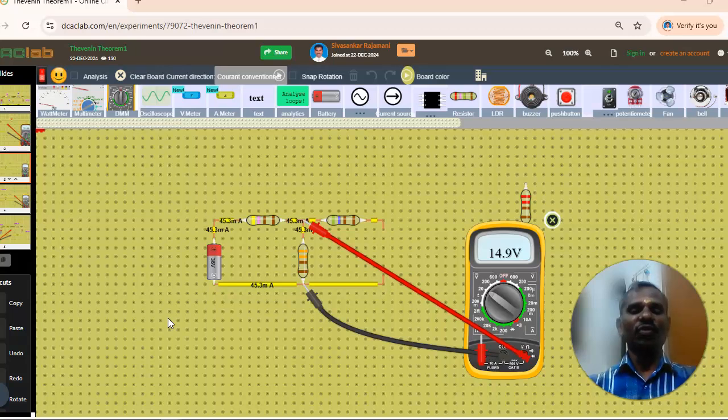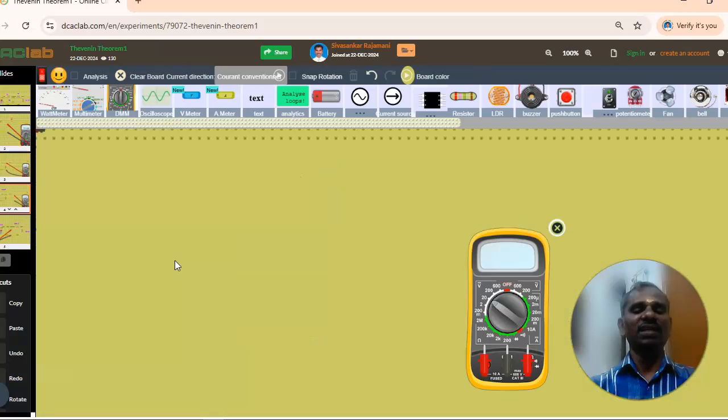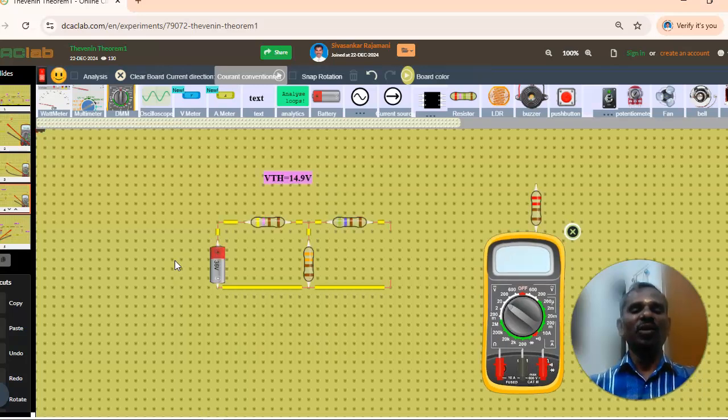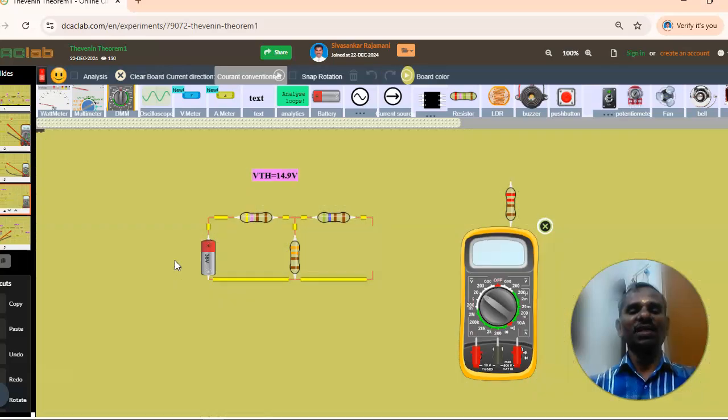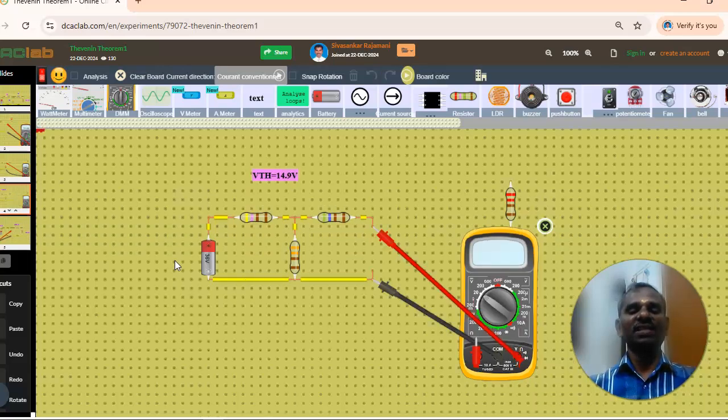Then we see the same circuit as per the circuit diagram, which has been connected beyond this 560 ohms. Here also we can see the same VTH, but no current is flowing through this 560 ohms. Here also the voltage is 14.9 volts.